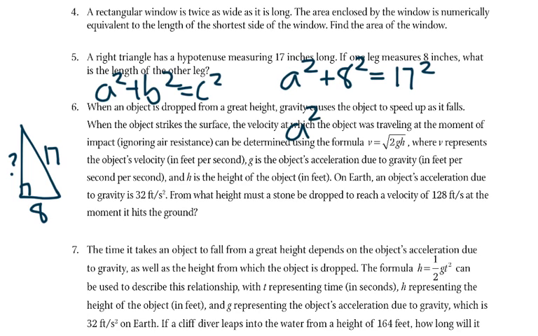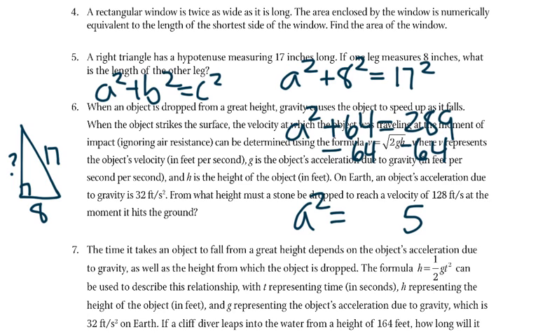So I get a squared plus 64 equals 289. Subtract 64, and we get a squared equals 225. Take the square root of that, and I believe that's 15. So the other leg would be 15.